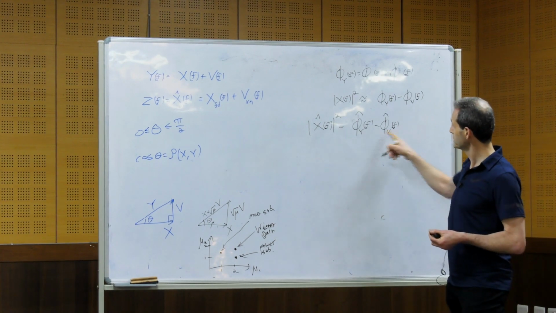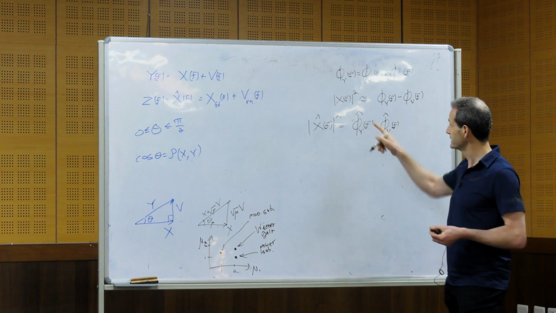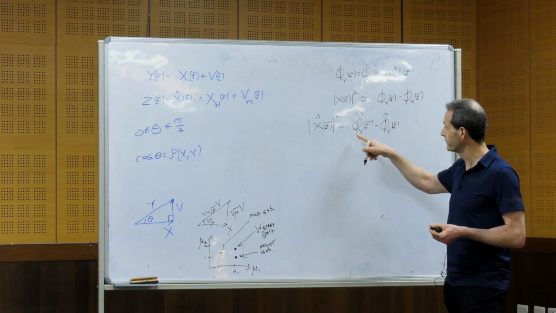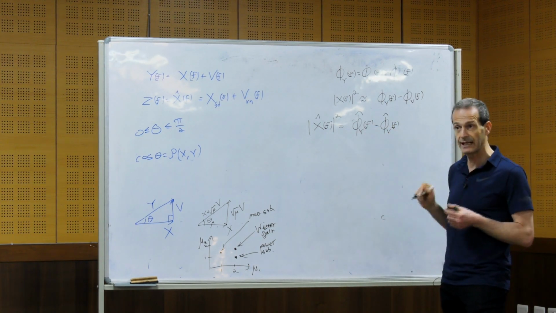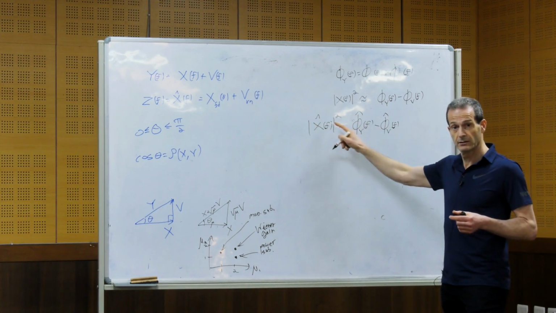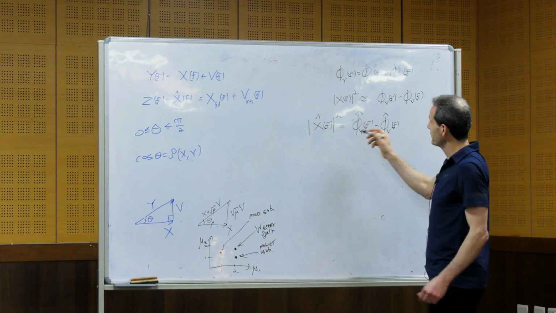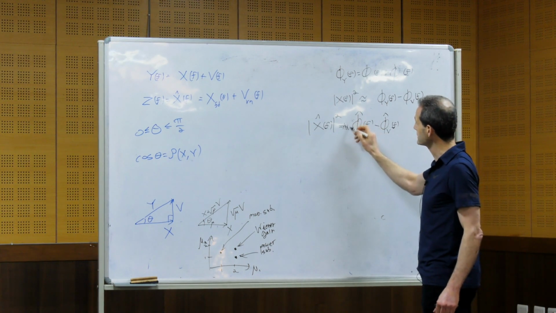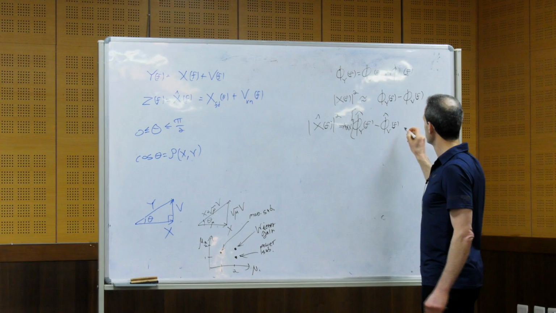But because these are estimates, we don't know if this will necessarily be larger than this, and this should be a positive number. So we must add something, so we put here max between this and 0.